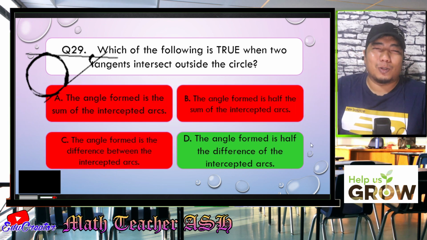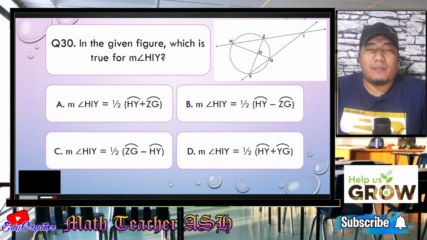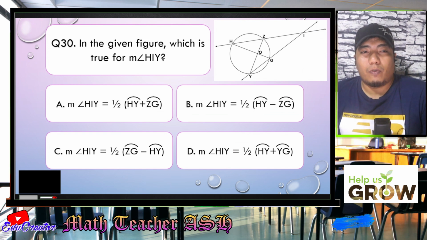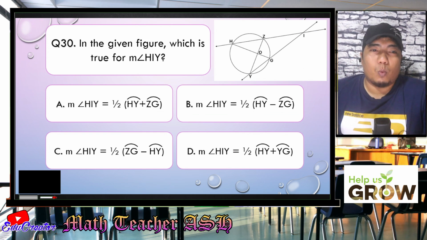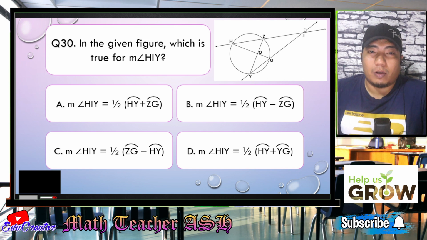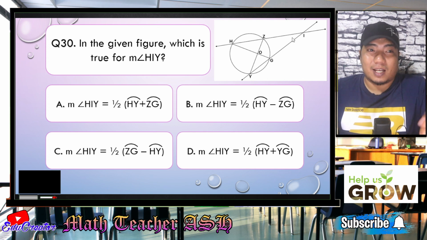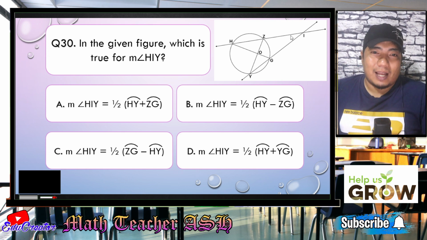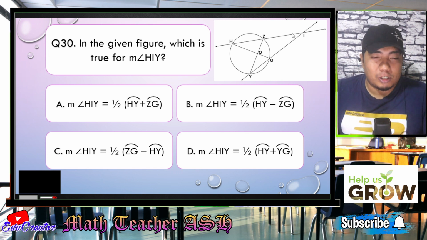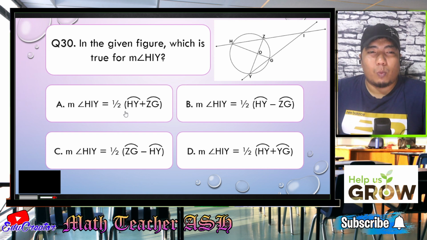Now let us go to question number 30. In the given figure, which is true for the measurement of angle HIY? Okay, that is the two secants that meet outside. We already discussed that in question number 29, when an angle is formed outside. Is it A, the measurement of angle HIY is equal to 1/2 the sum of HY and ZG?